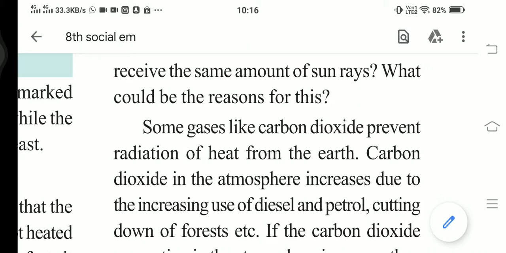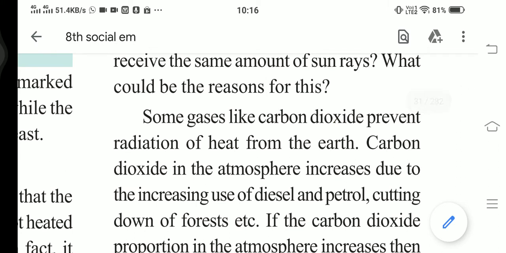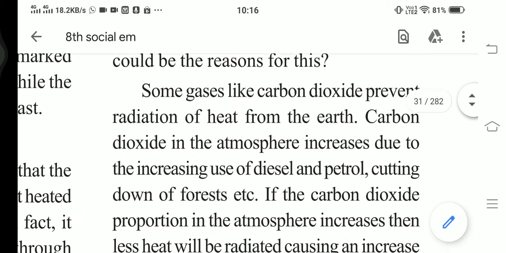Oxygen is very important for us. Along with oxygen, there are nitrogen, argon, neon, and water vapor. We find carbon dioxide also, and this carbon dioxide does not allow the heat of the earth into space.